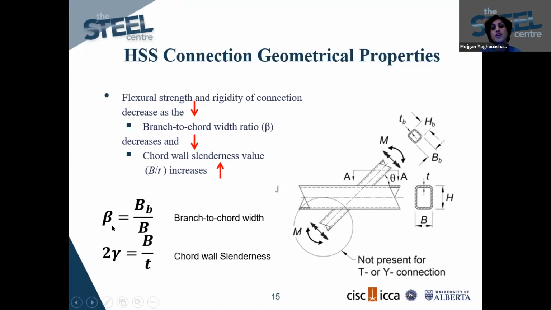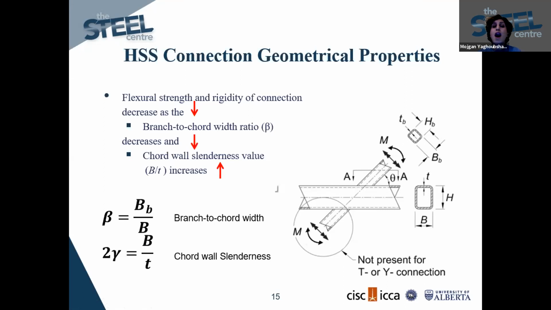Beta, which is the branch width to chord width ratio. And then it defines the chord wall slenderness, gamma, which is defined as the B over T ratio, which is the chord width to chord thickness.